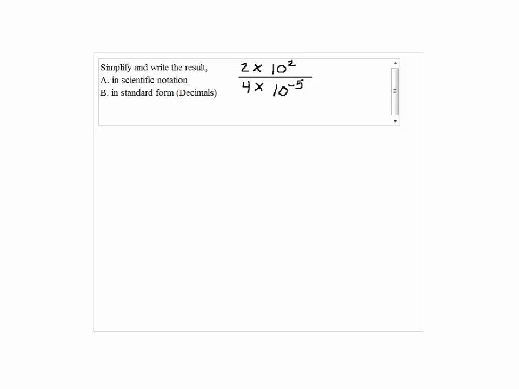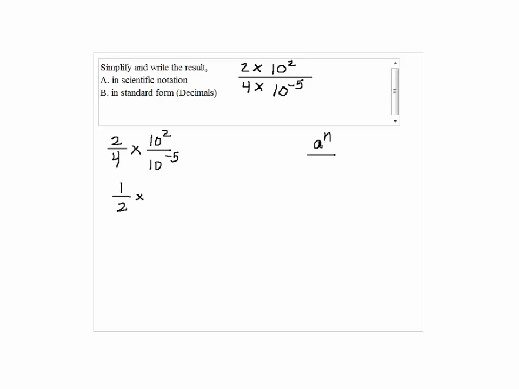Simplify and write the results in scientific notation and standard form. Here we have 2/4 times 10 to the power of 2 over 10 to the power of minus 5. 2 over 4 is 1 over 2 when we reduce them.